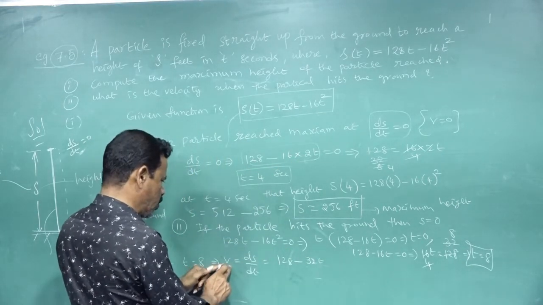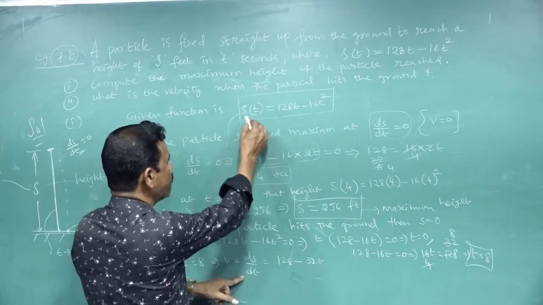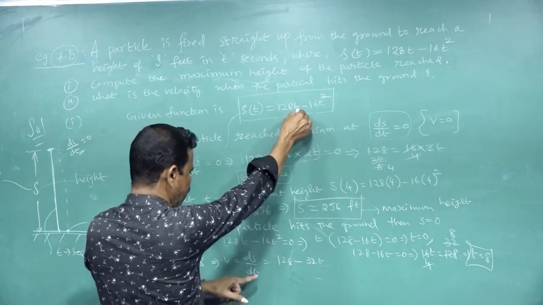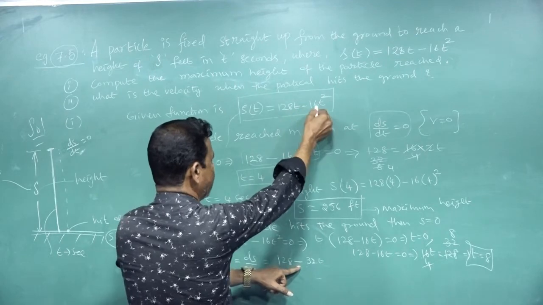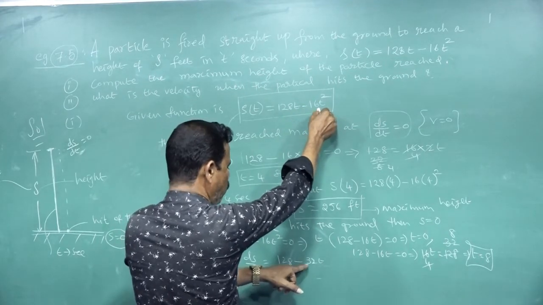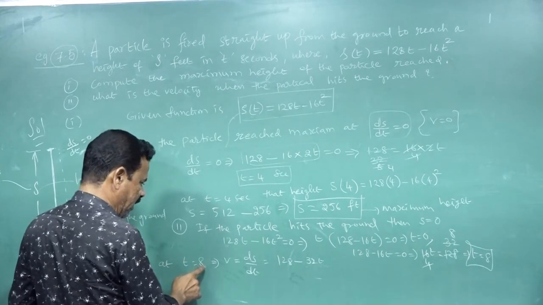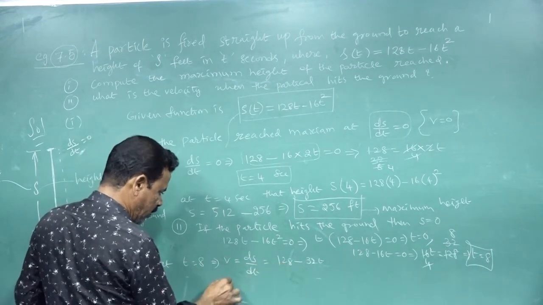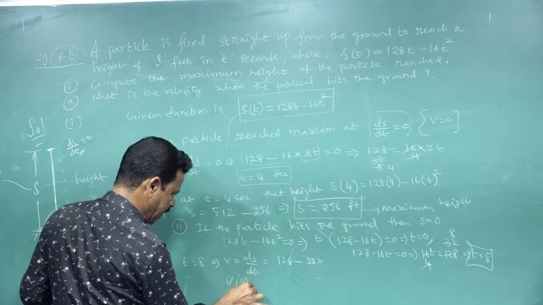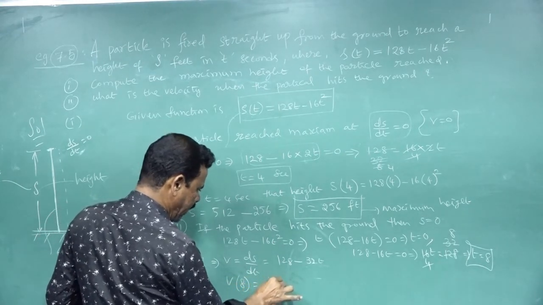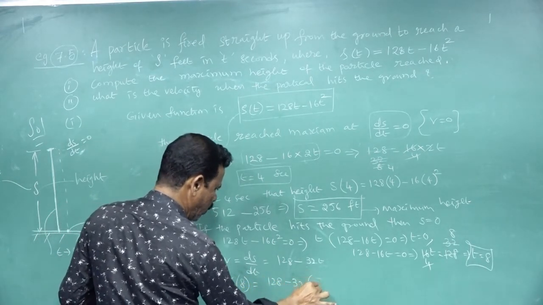Okay now, velocity ds by dt, how much? 128, t derivative 1, minus 32, 16 into 2, 32 and t. So whereas t is equal to 8, substitute in this, velocity at 8 seconds, 128 minus 32 into 8.